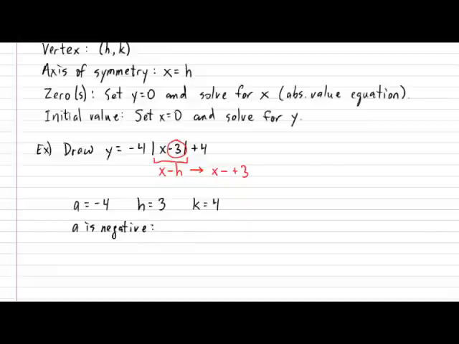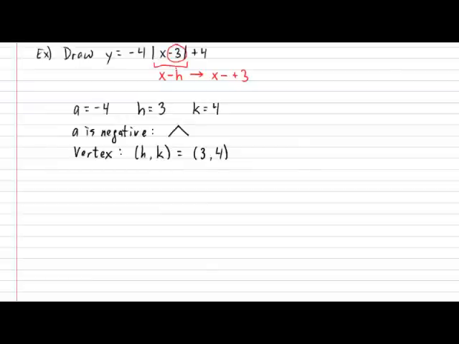That means that this graph is going to be an upside down V shape. Next, let's identify our vertex. The vertex is identified by the coordinates h and k. So, that means our vertex will be located at 3 and 4.